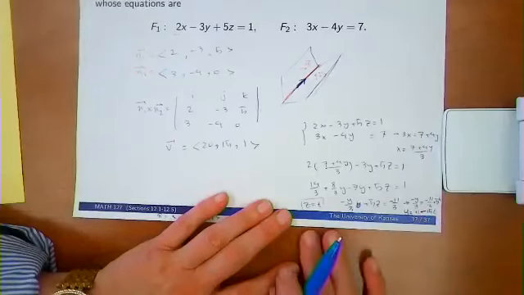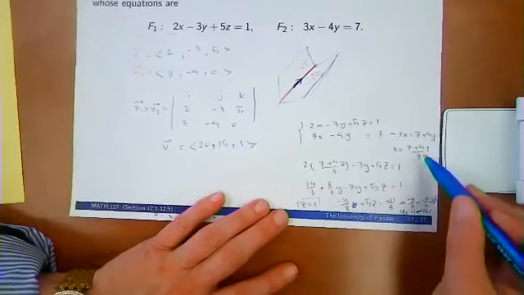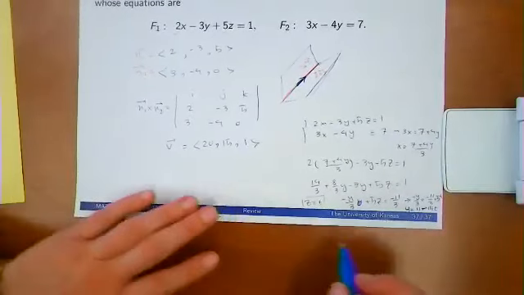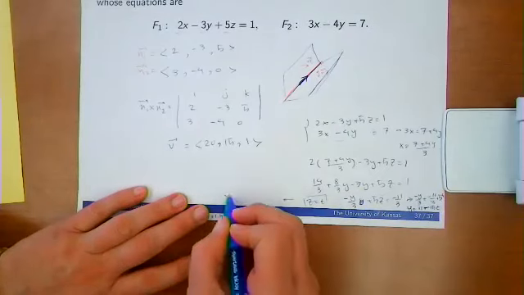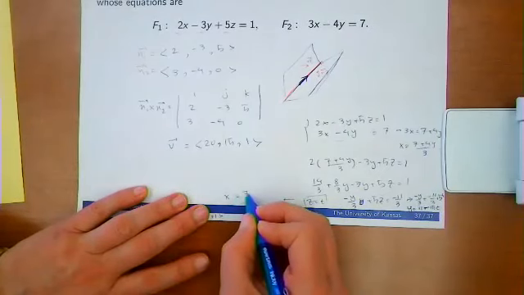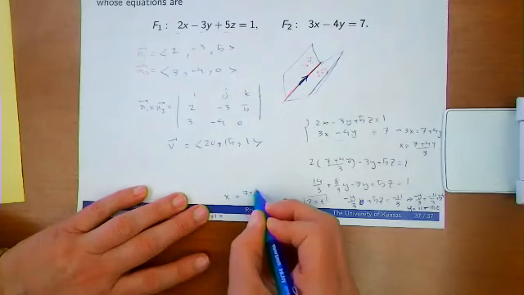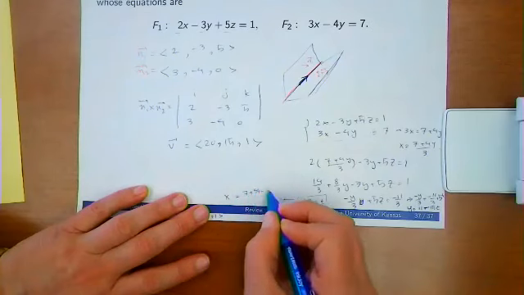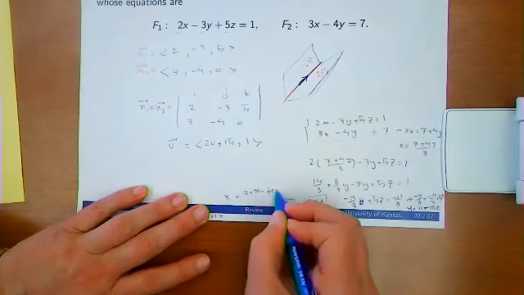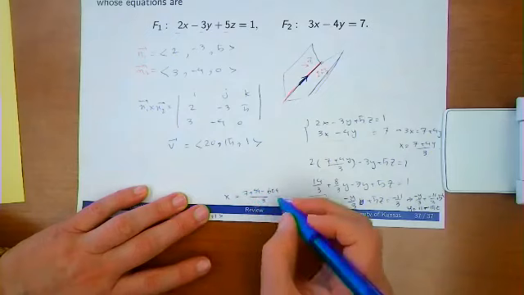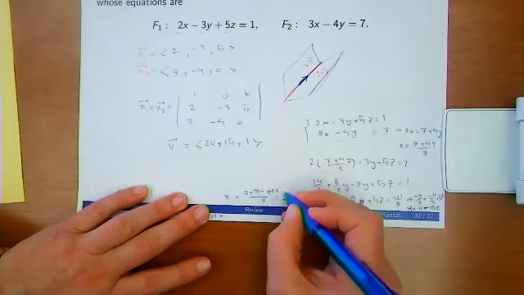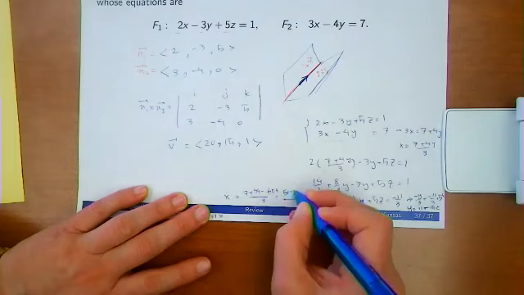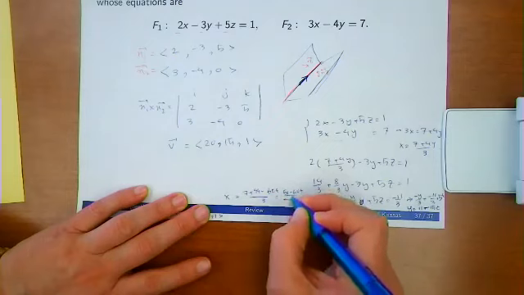Now from here, I can put it back in there, and for x, x is going to be 7 plus 44 minus 60t over 3, which is 51 minus 60t over 3.